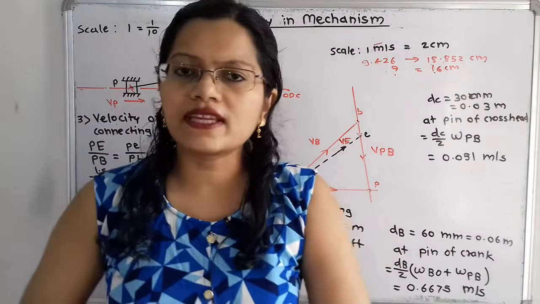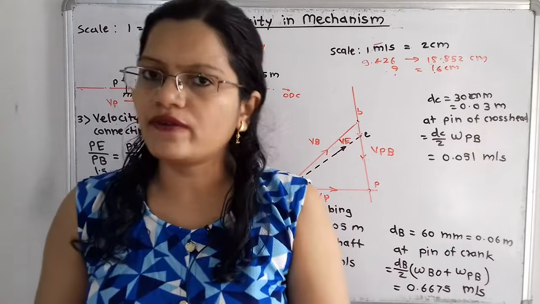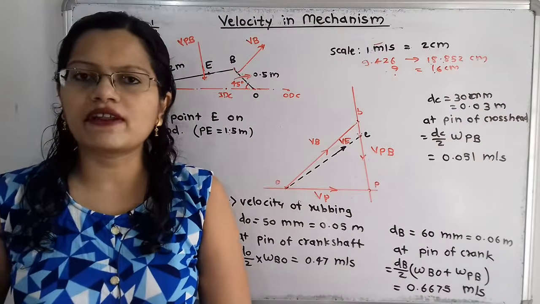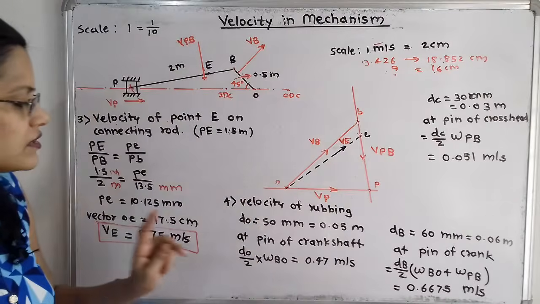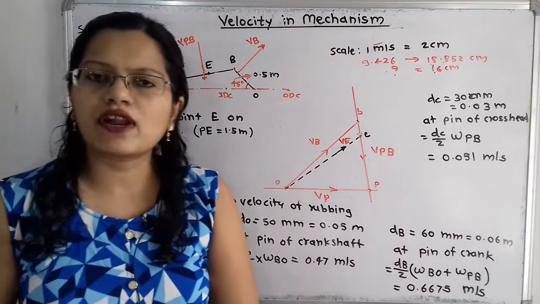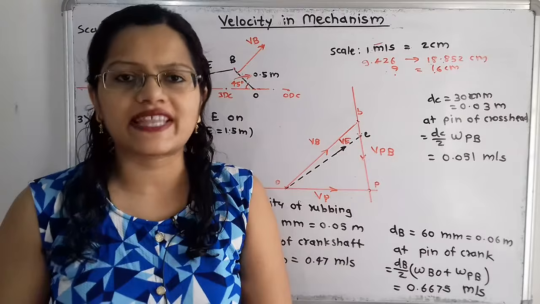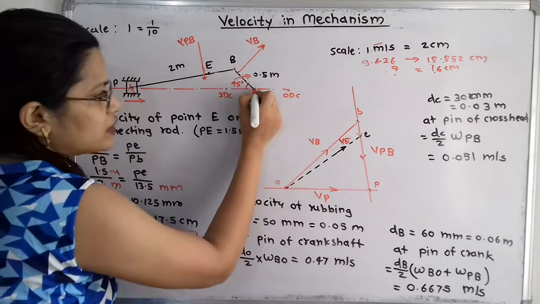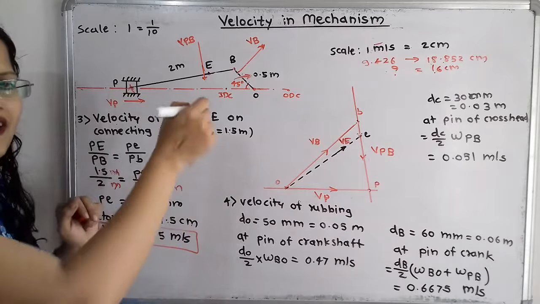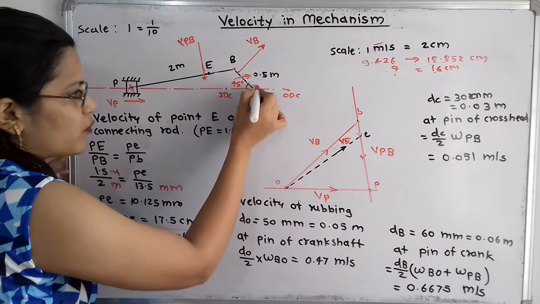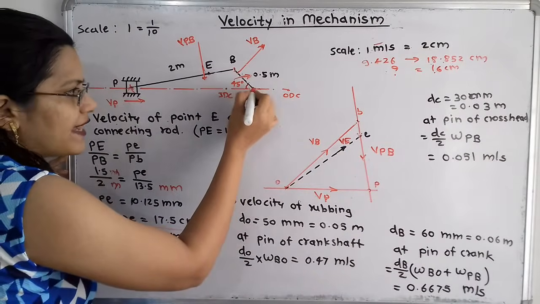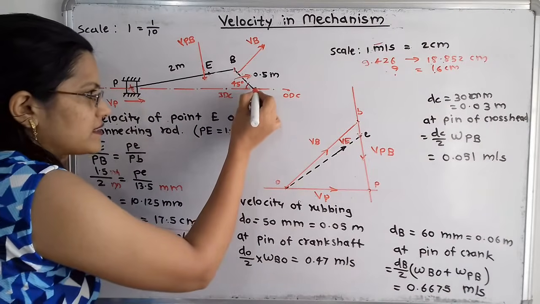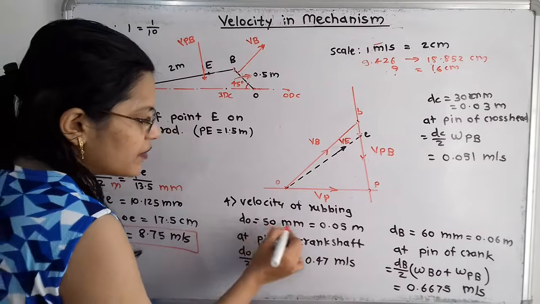Now we will move to the next question, that is the velocity of rubbing. At different points we have to calculate the velocity of rubbing. What is the first? We have to calculate the velocity of rubbing at the pin of crankshaft. The pin of crankshaft is at this point O, because we know the crankshaft is here at the point O, to which this crank is connected. So at the pin of crankshaft, that is at point O, the diameter is given as 50 millimeter.